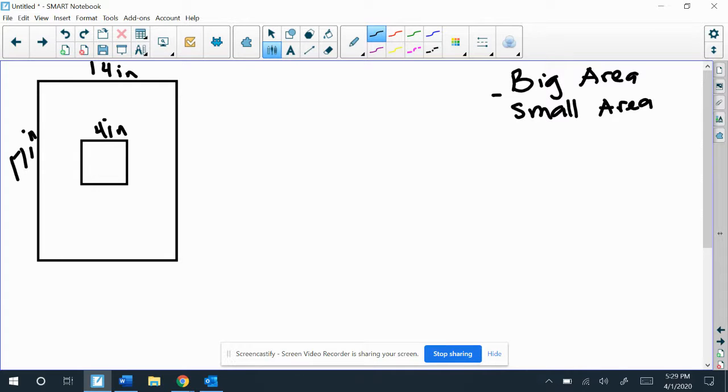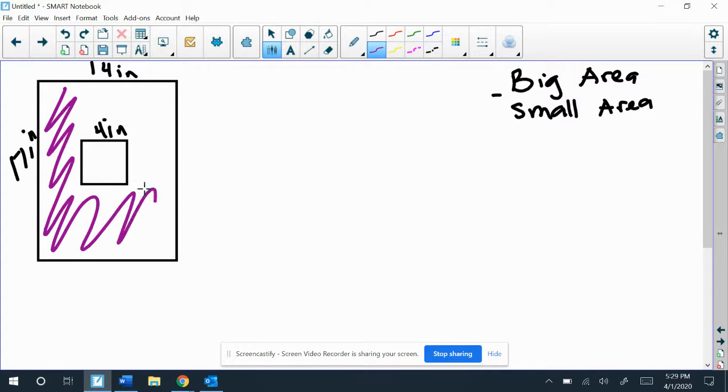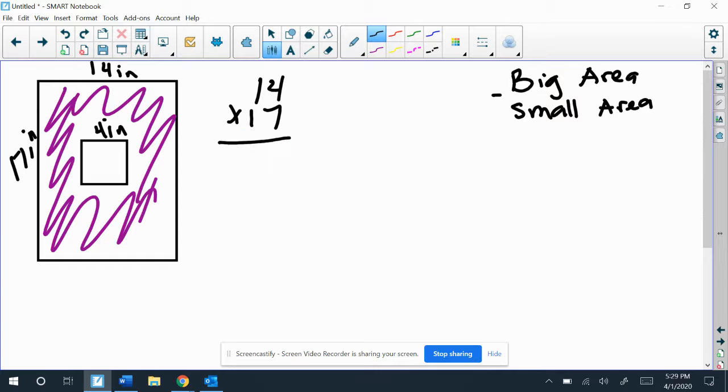So my big area, especially since I only want to find the outside parts, is going to be 14 times 17. Well, once again, 2-digit by 2-digit, I need to multiply these. 7 and 4 is 28. 1 and 7 is 7 plus 2, 7, 8, 9.